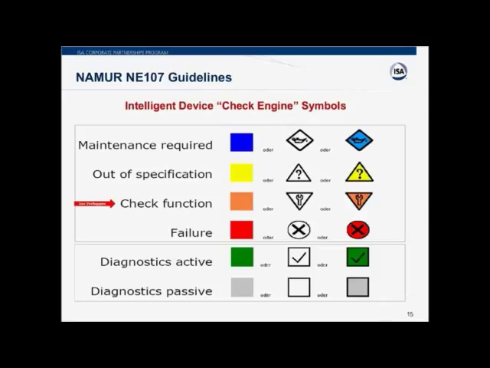We also have in the bottom box two symbols to tell you whether the diagnostics are actually engaged or turned on, or passive. So we have the green box and the gray box to do that.